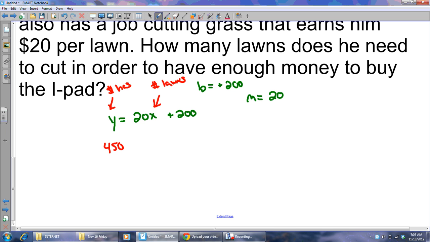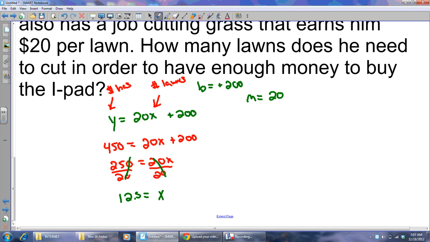So I'm going to plug 450 in for y, and I'm going to solve for x. All right, so I'm going to get 250 equals 20x, divide by 20, and of course those will cancel, leaving just an x. Here I can simplify that.